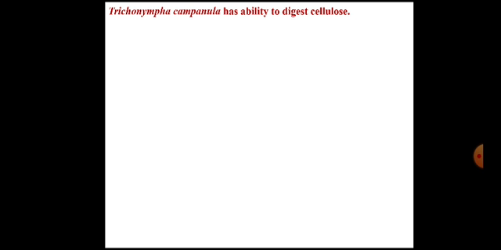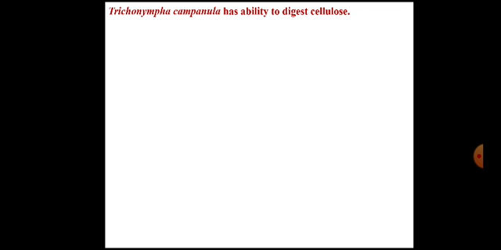Let us see what is the mechanism. Trichonympha campanula has the ability to digest cellulose. Now you see termites, they feed on wood. Wood is rich in cellulose, but these termites are not able to digest this cellulose. This digestion is made possible by the intestinal inhabitants, that is Trichonympha campanula, present in the gut of this termite, and whatever this termite eats goes into the gut, and this cellulose will be digested by Trichonympha campanula.